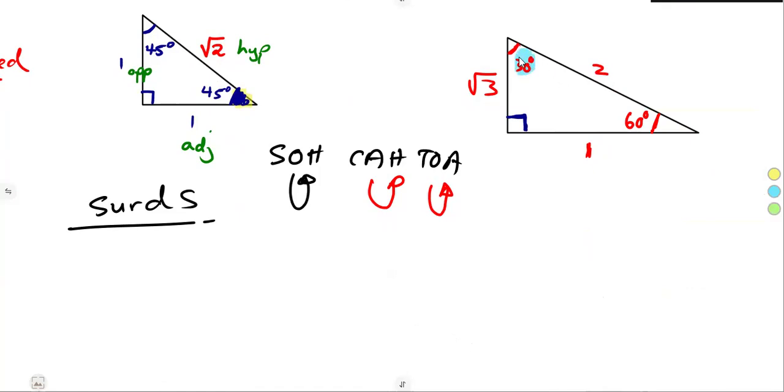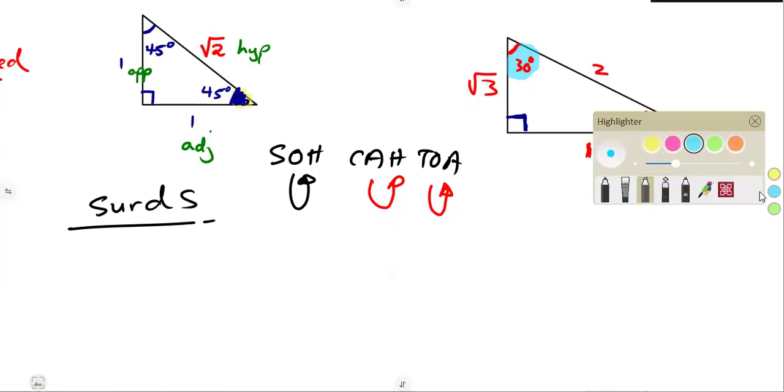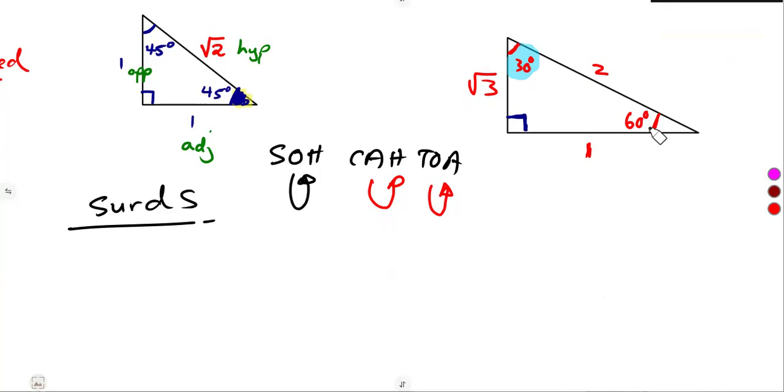Putting our focus on the angle of 30 degrees as our reference, this side is opposite to 30 degrees. The 30 degrees and 90 degrees, here they are adjacent to each other, whereas our hypotenuse is always fixed facing the 90 degrees. So that is our hypotenuse.